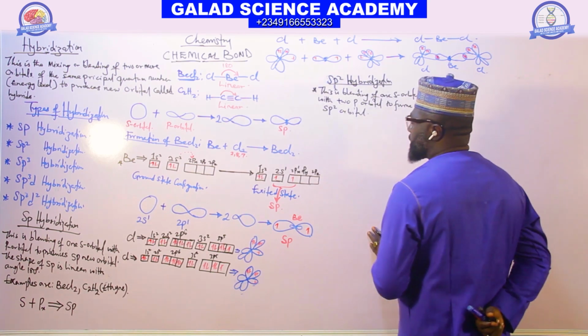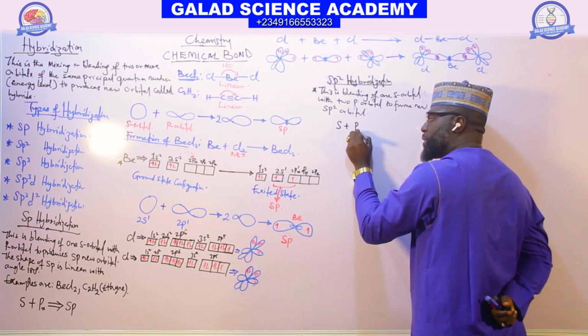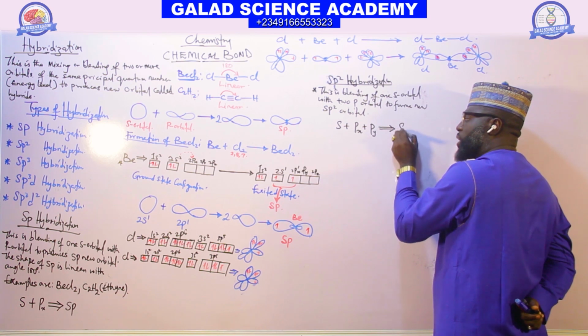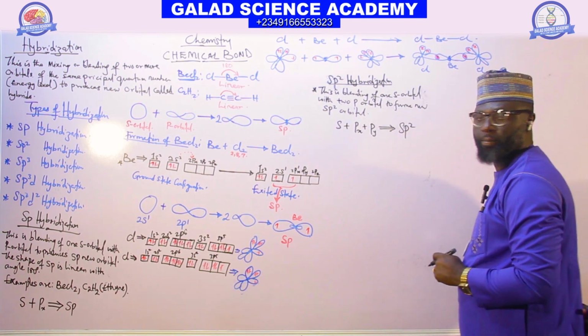That is, here now, one s orbital blends with px, blends with py. When they blend together, we have three sp2 orbitals.